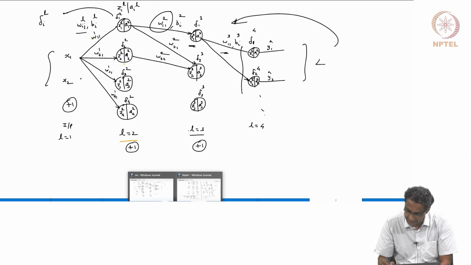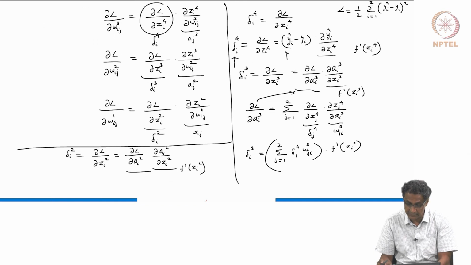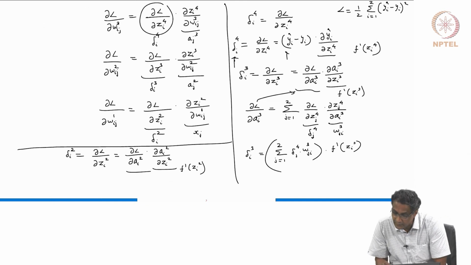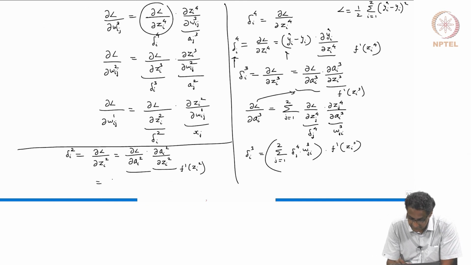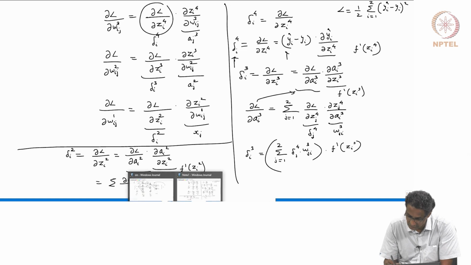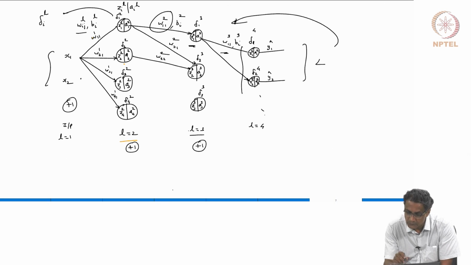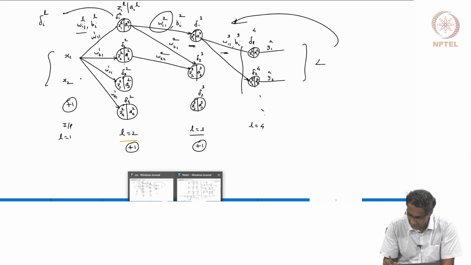Therefore, dou L by dou Ai2, I will write as a summation of dou L by dou Zi3 and dou Zi3 by dou Ai2 or Aj2, in this case.